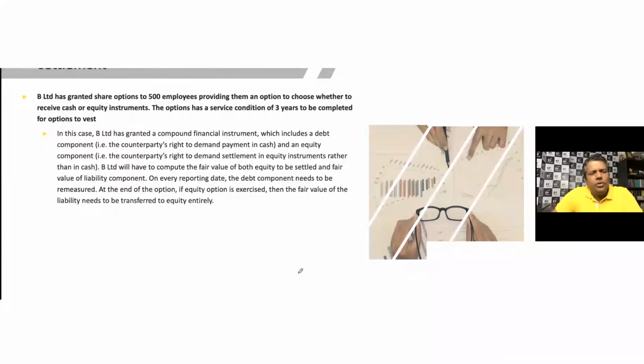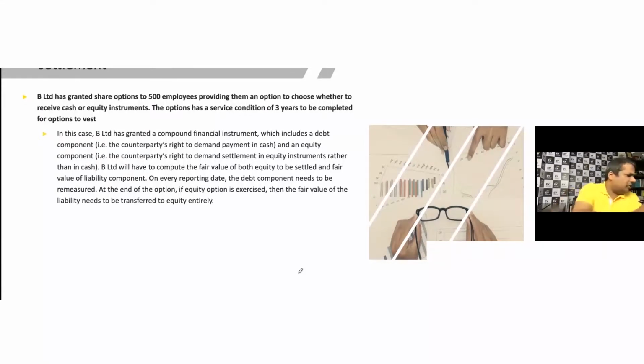So let's look at this example where the counterparty has a choice of settlement. B Limited has granted share options to 500 employees, providing them an option to choose whether to receive cash or equity instruments. The option has a service condition of 3 years to be completed for the option to vest.